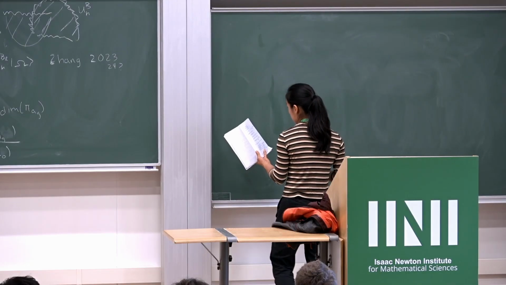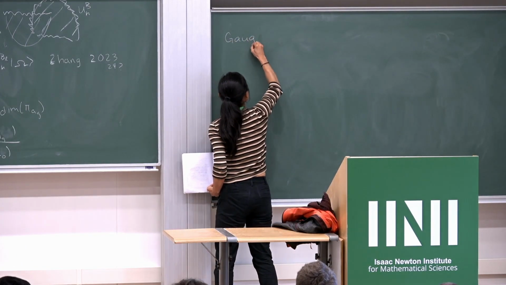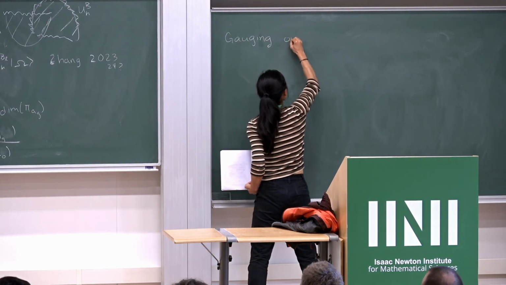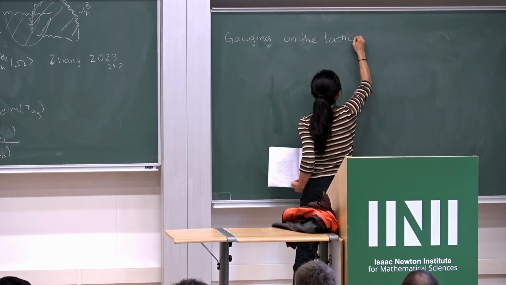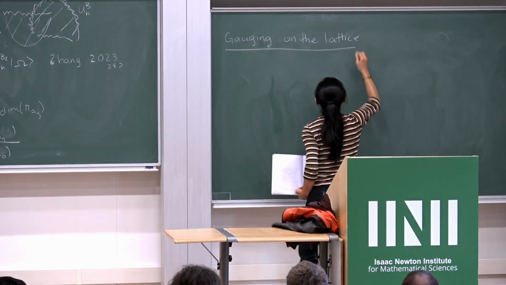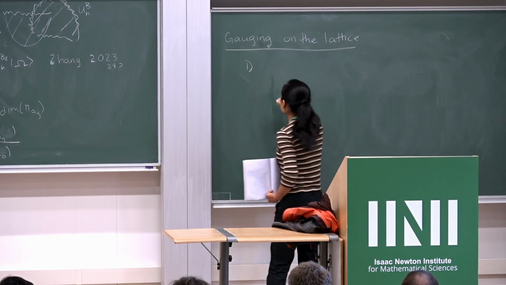So the first step is to introduce U degrees of freedom, which are your gauge fields.